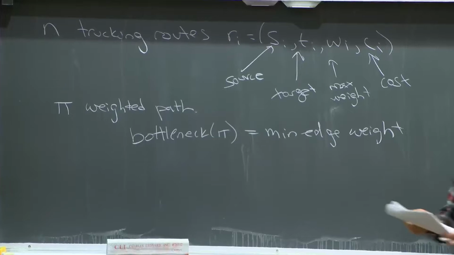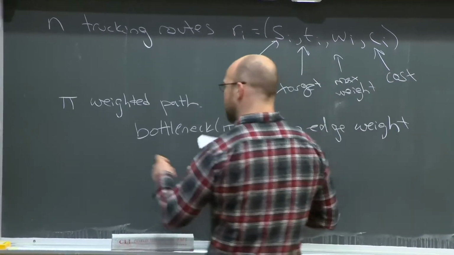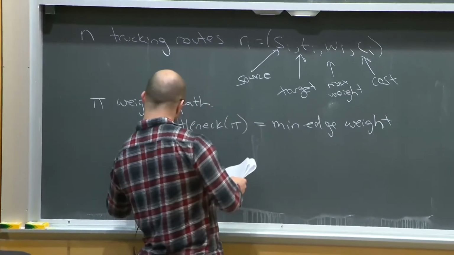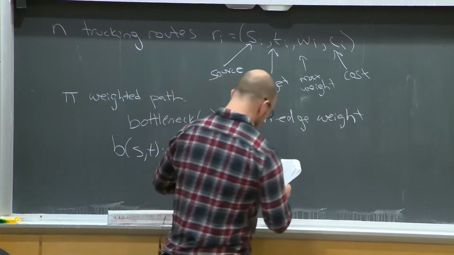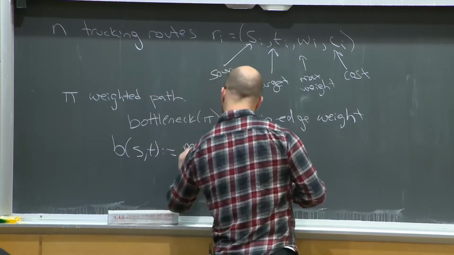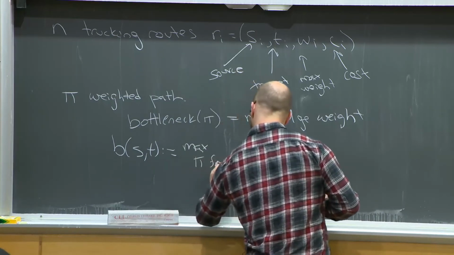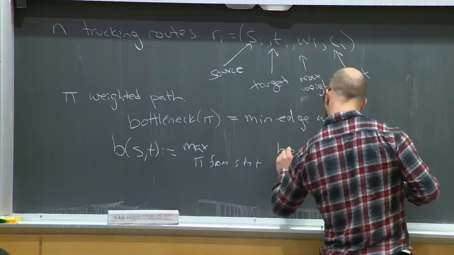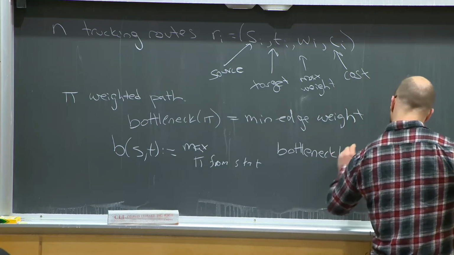Okay, so right now, given a directed graph and 2 vertices s and t, we're going to define a quantity called b of s comma t, and we're going to say that this is the max over any path pi from s to t of the bottleneck of pi.